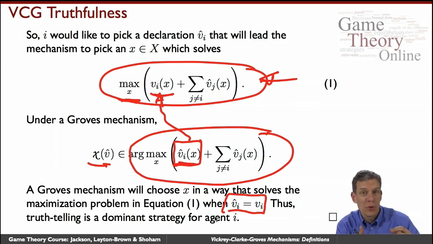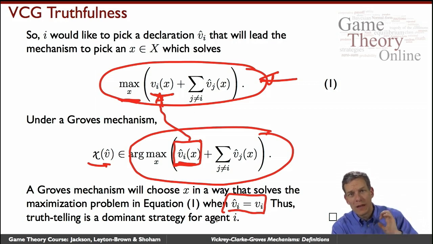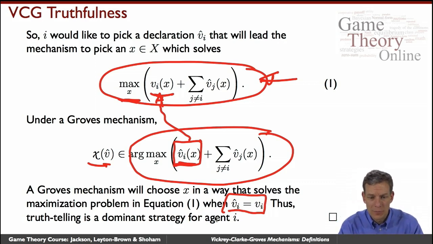And whether those are truthful or not, from their perspective, what they're getting in terms of an outcome is something which maximizes the overall total sum of utilities, because what they're doing is maximizing their true utility plus what other people have told the mechanism their utility functions look like. And by being truthful, they get an outcome which maximizes that overall total sum, which indeed is the best they can do in terms of maximizing their utility given this payment rule.